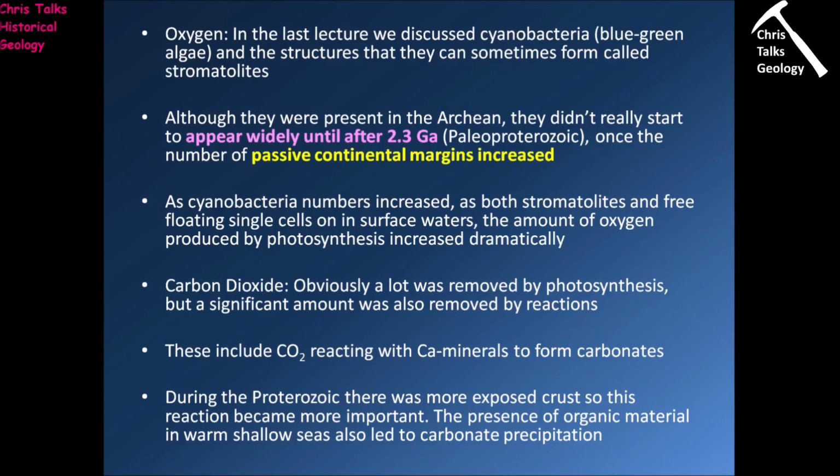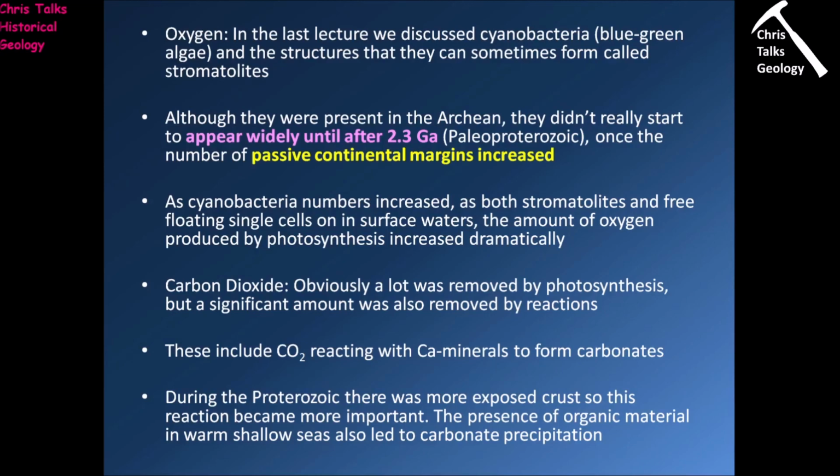The reason for this is probably that in the Archean we didn't have many of the nice, boring, peaceful, passive continental margins. Once we make it into the Proterozoic, the number of these passive continental margins increases. This is a nice, safe environment for life, and so life really begins to take off.